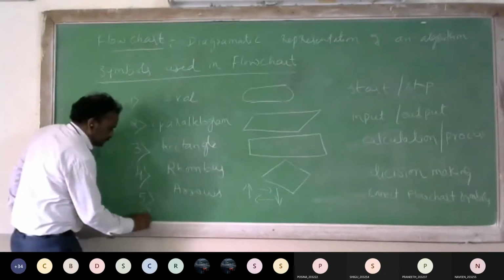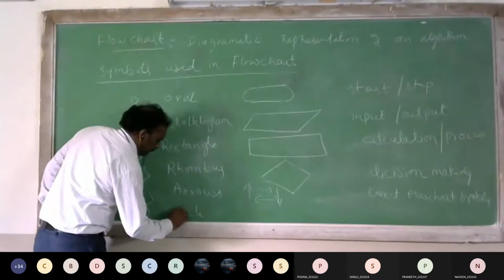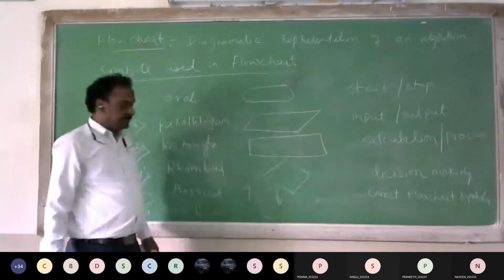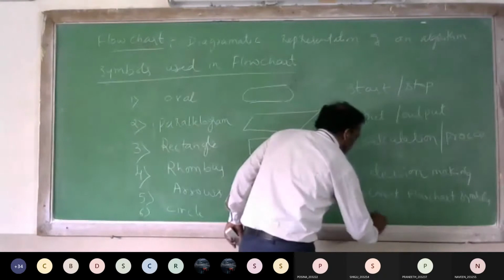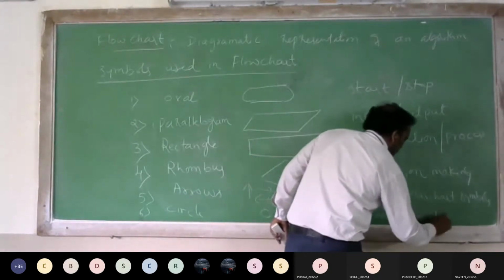And the last symbol is the connector. The circle symbol is denoted like this one. This is used to connect two flowcharts.